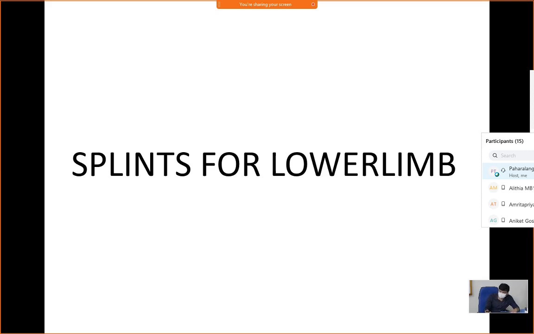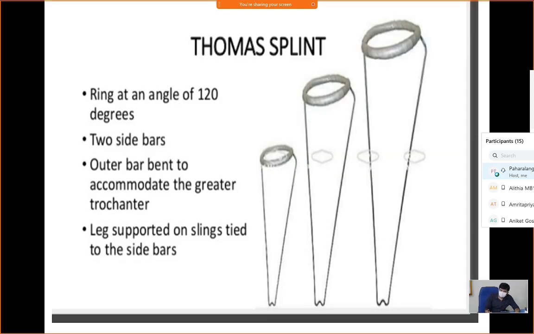Splint for lower limb. The most important splint among all these, upper limb, lower limb, or splints for the spine, is this Thomas splint for your exam purpose. This will invariably be there in the orthopedics viva, and this is the bread and butter of the examiner.